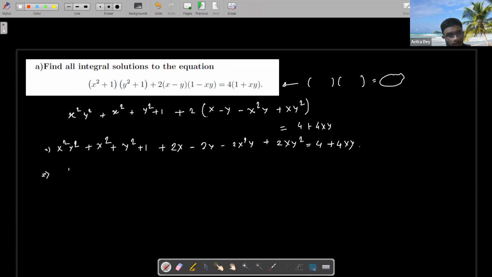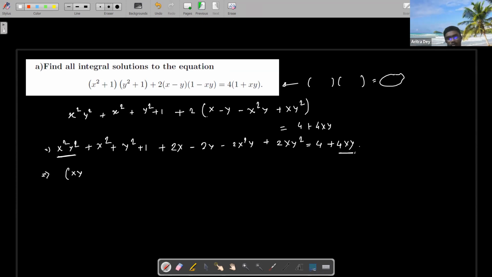See, I can write down here xy. Here is x square y square, and here is x square y square, and here is a 4xy, something like this.